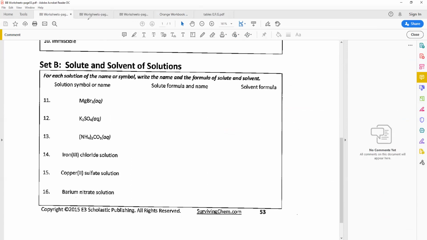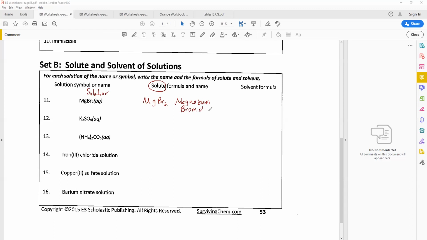Okay, so this is a solution. Which one is my solute? The formula and the name. Well, it's MgBr2, and the name, it's an ionic compound, magnesium bromide.